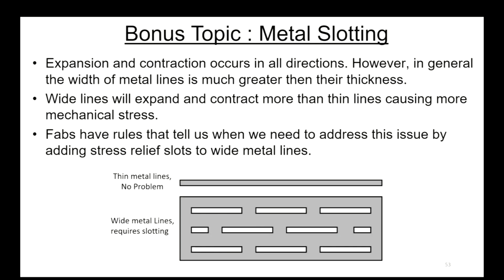Fabs have rules to tell us when we need to address this issue by adding stress release slots to the wide metal lines. For thin metal lines, it's no problem whatsoever. But for the wide metal lines, you're going to have to add some slotting in here. And the fab gives us guidelines on how to do that.